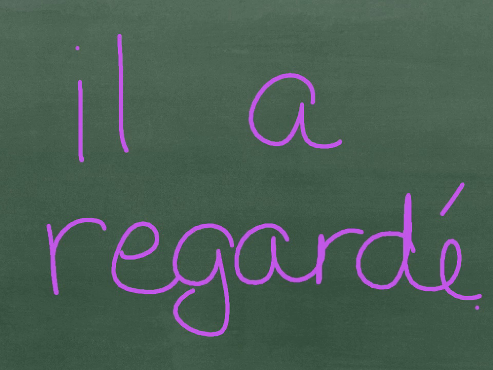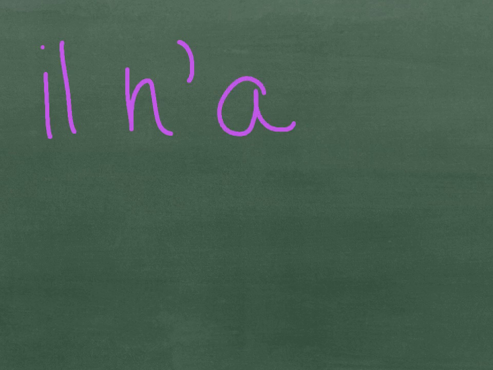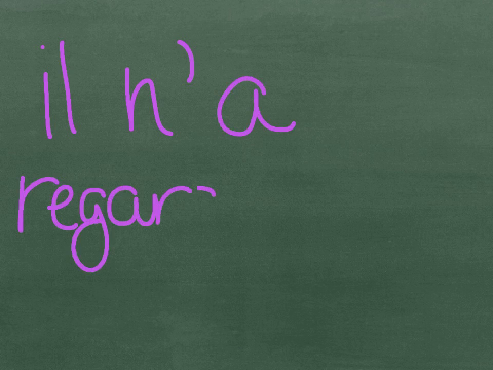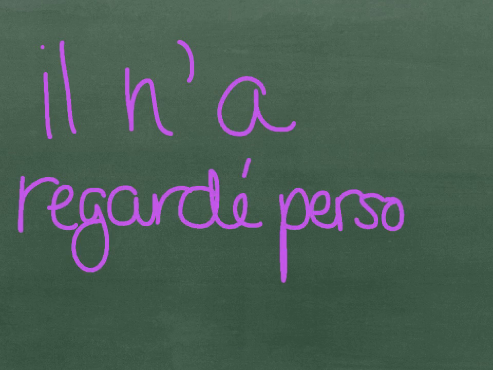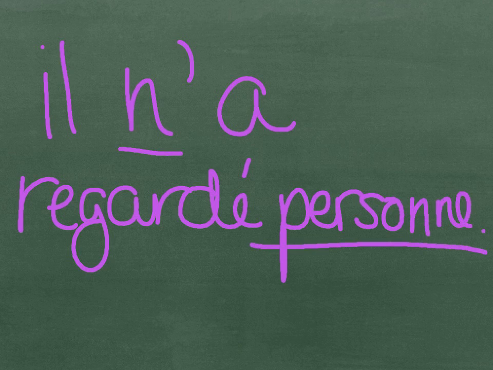All right, let's see if you're correct. So, il n'a regardé personne. He didn't look at anyone. Il n'a regardé personne. Did you get it right? Awesome.